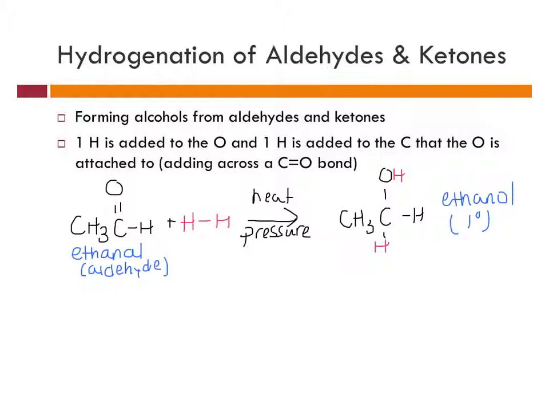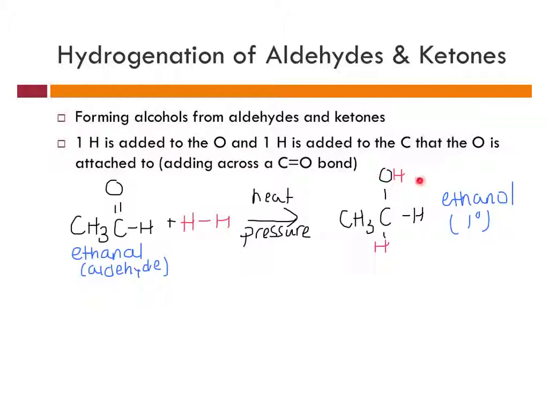So if we take ethanal, which is an example of an aldehyde, and add H2 under heat and pressure as catalysts, 1 H is going to add on to the oxygen, 1 of these H's is going to add on to the carbon, so we're going to lose this double bond because carbon can only be bonded to 4 things.